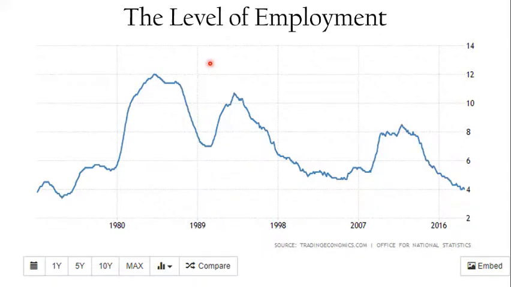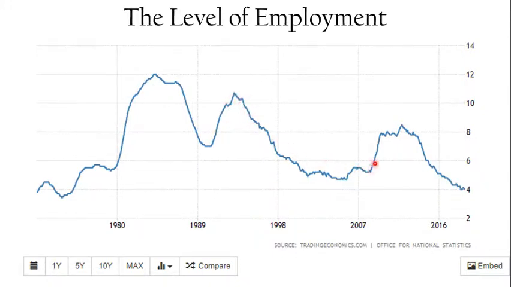So just to give a bit of context before we get into the level of employment, this shows the level of unemployment in the UK economy, on a historic basis for you. You can see in the early to mid 1980s, around the time of Thatcher, unemployment was extremely high in the UK at 12%. We had another spike in the recession of the early 90s.